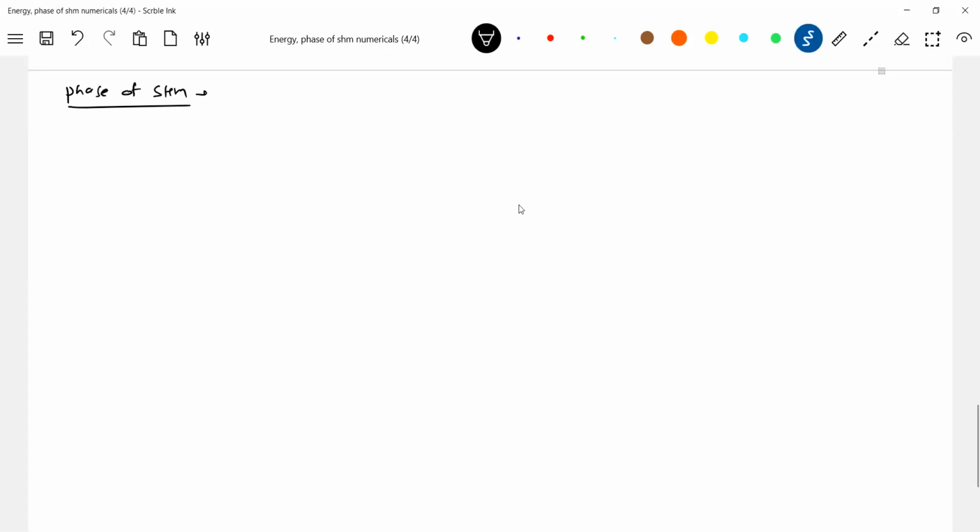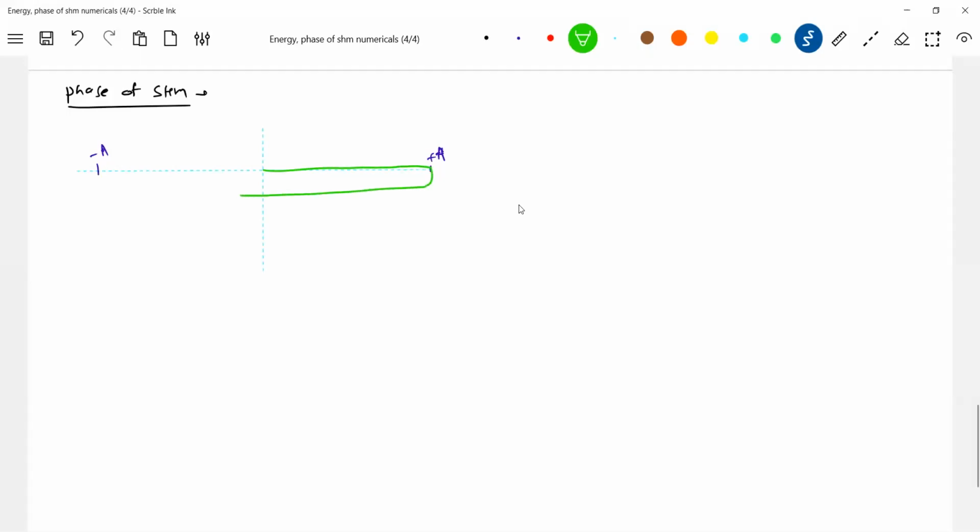Okay, once again, I will begin with what I just discussed. This is plus A. This is minus A. So the particle will start from here, let's assume.